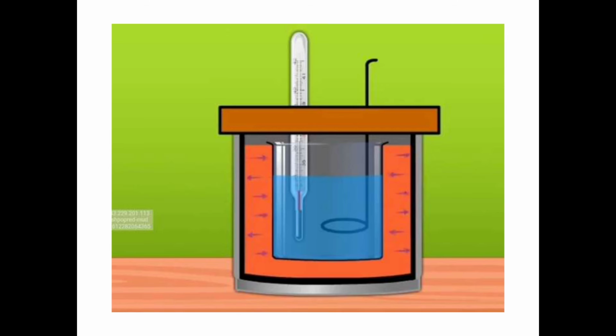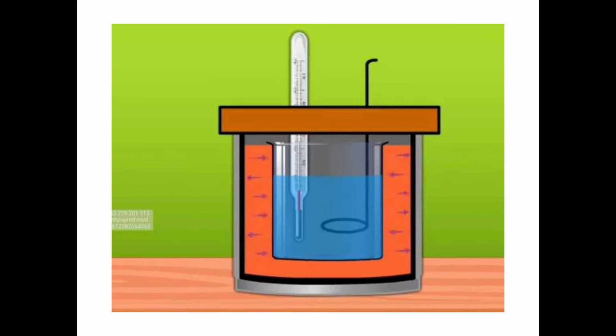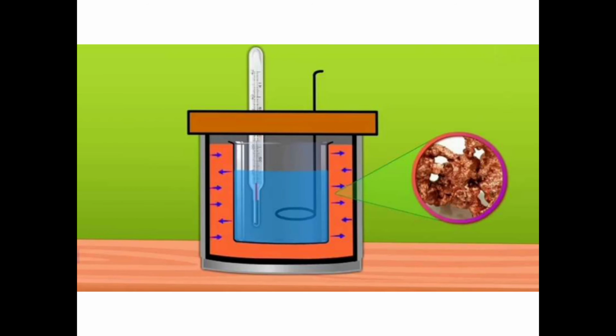Okay, so the cold object will receive the heat from the water and its temperature will increase, whereas the temperature of the water will decrease. Now till what will it go on, till equilibrium is reached, right? So this is how it is done.